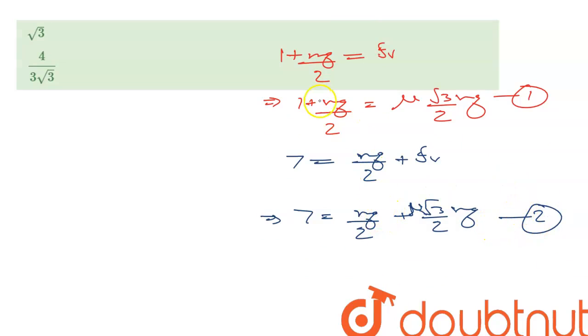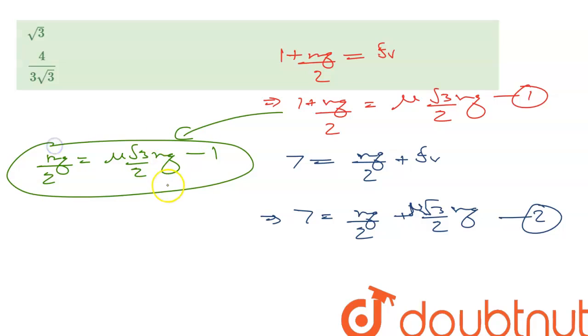Now I can make a substitution from equation 1 to equation 2. If I look at equation 1, mg by 2 is equal to mu times root 3 by 2 mg minus 1.